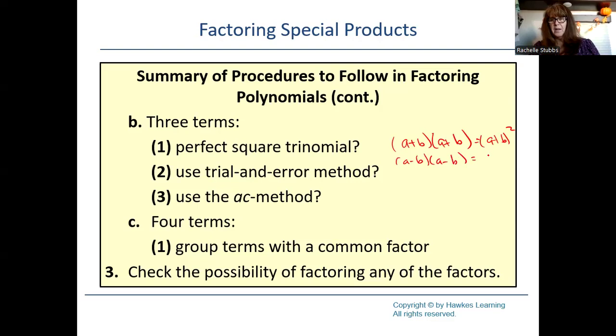Okay. So those two choices, you'll know if it's plus or minus by looking at the trinomial's second term. Or you can just use our trial and error method, or you can go with our X graphic that we like to use. Okay. If there's four terms, you're going to factor by grouping.